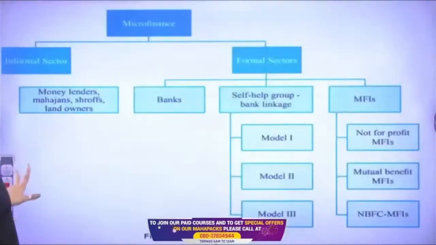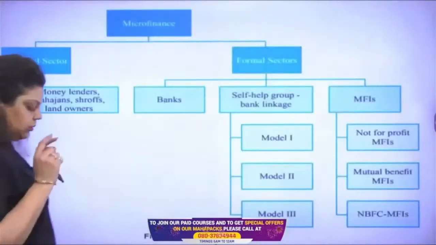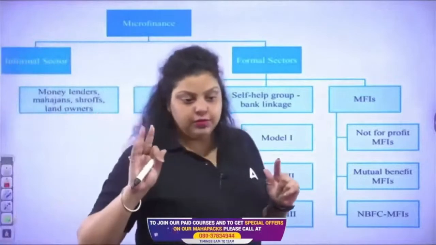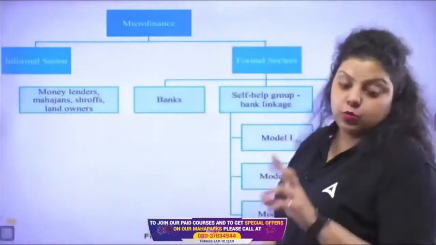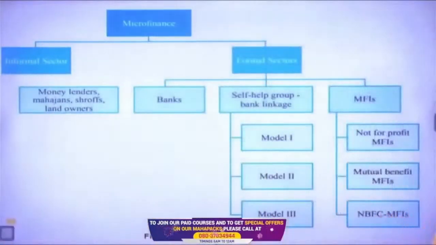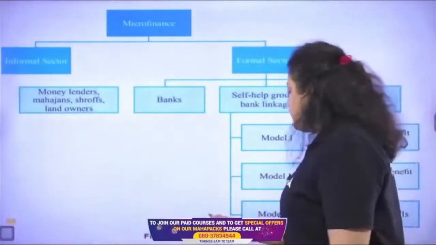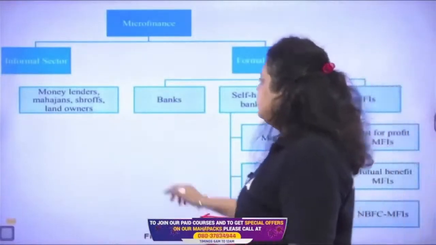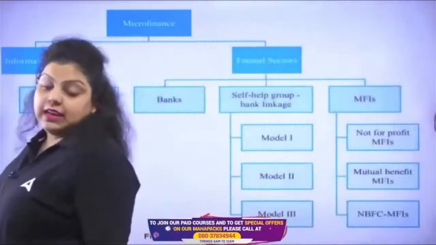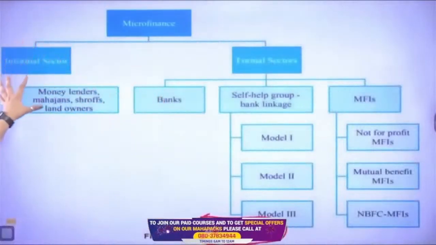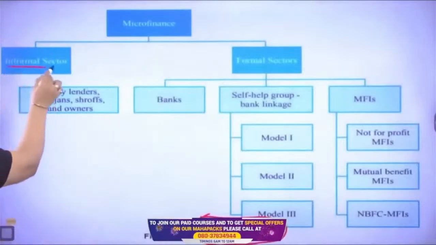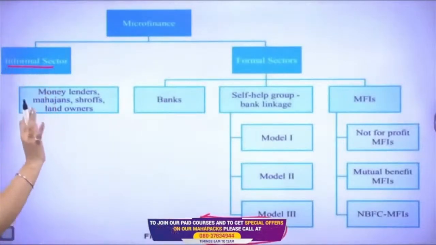Now, as I have told you, microfinance institutions have 3 types and self-help group bank linkage models have 3 types. Do remember that, that is very important. So we have a microfinance entity here. Microfinance entities will be in 2 forms, that is informal sector and formal sector. Informal sector, you all know, is the type of sector where there are no regulations and regulatory bodies.